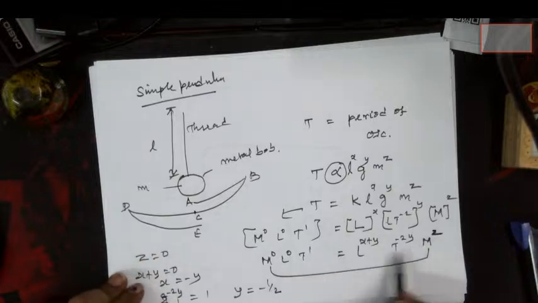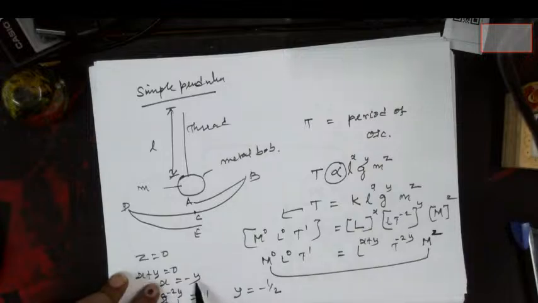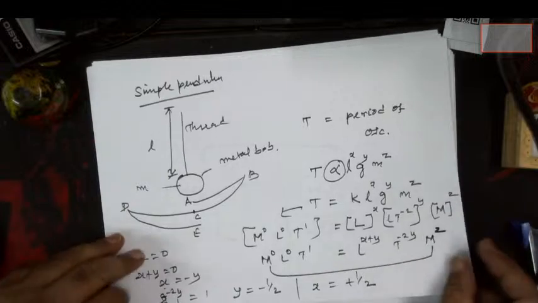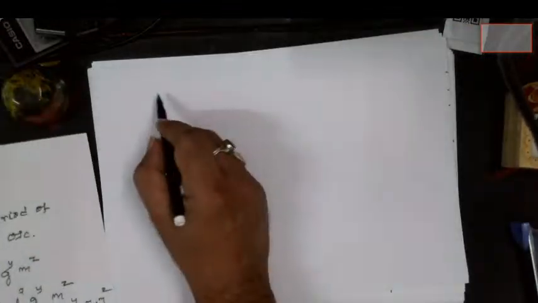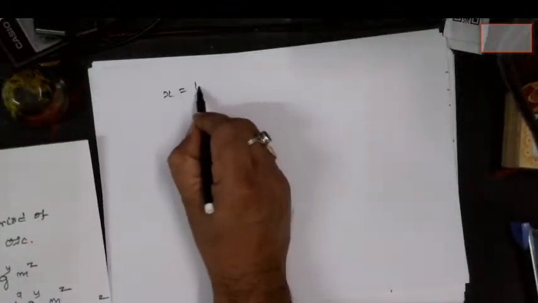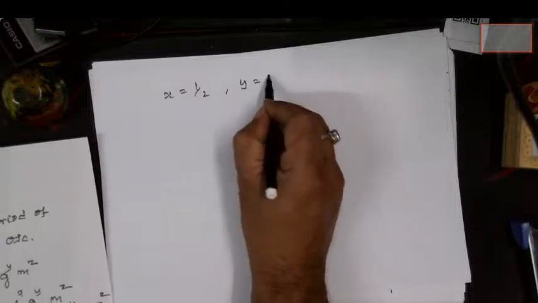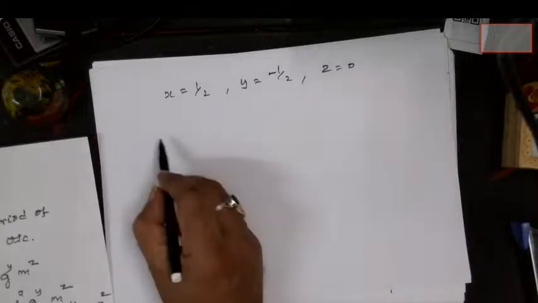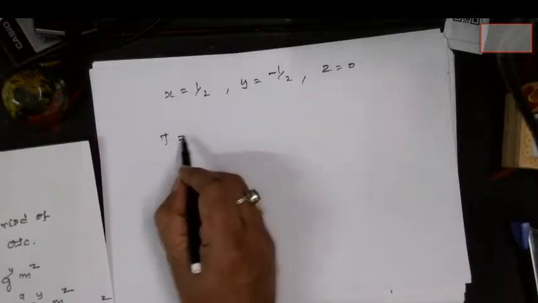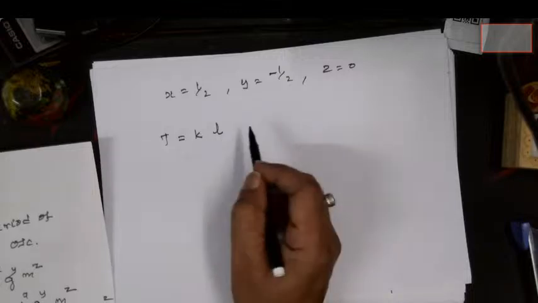And now we have to find x. So what about x? x is equal to minus of minus, that is 1 by 2. Now we can substitute these values. What is the value of x? 1 by 2. What is the value of y? Minus 1 by 2. What is the value of z? 0.